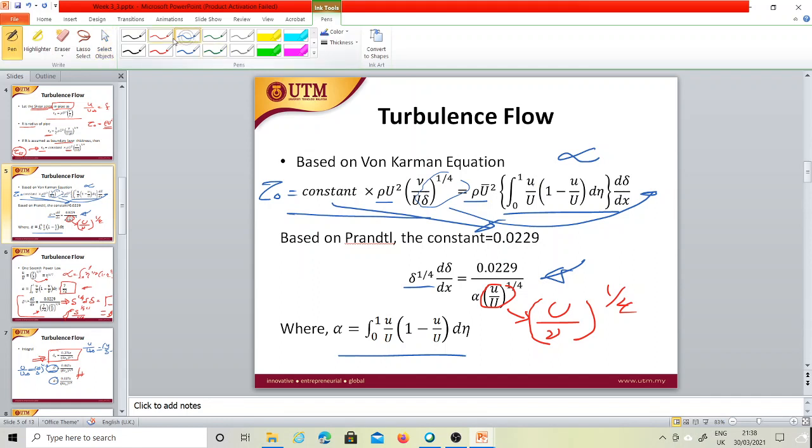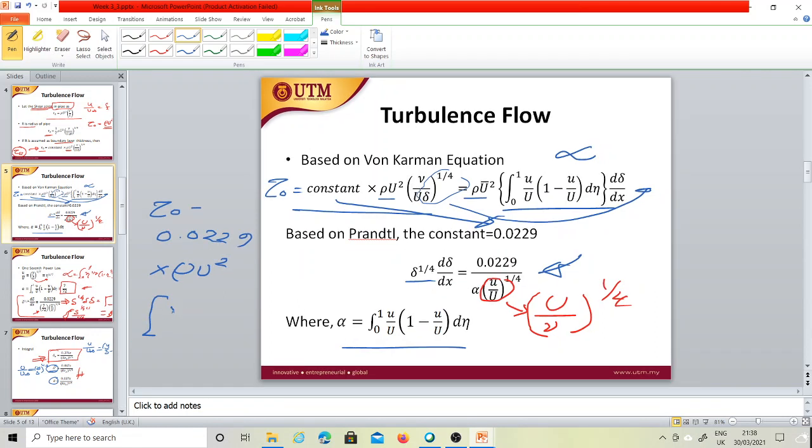So what will you get? Tau naught will be, in this case, 0.0229 multiplied by rho u square, and then we have this to the power 1 by 4: mu over u delta, to the power 1 by 4. This one you also need to put the value of delta into.